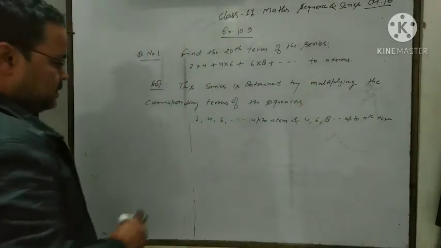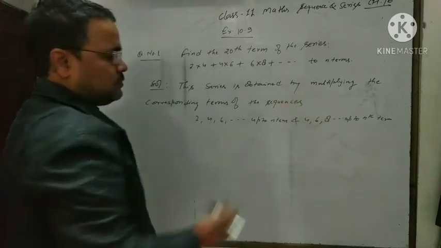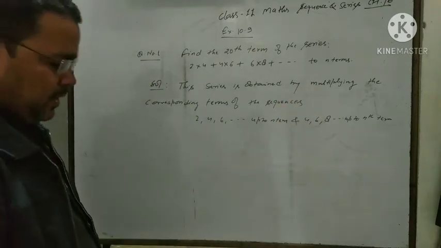Therefore, for this we have to find the nth term of each, and after that we multiply them.